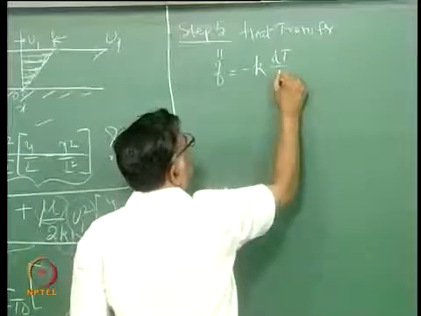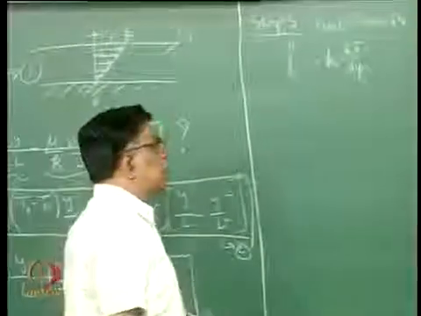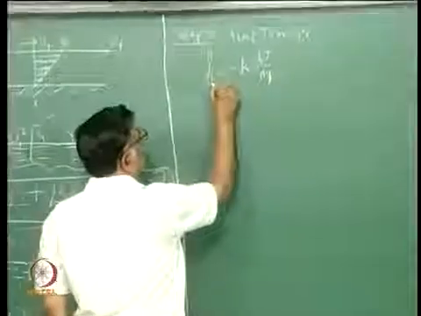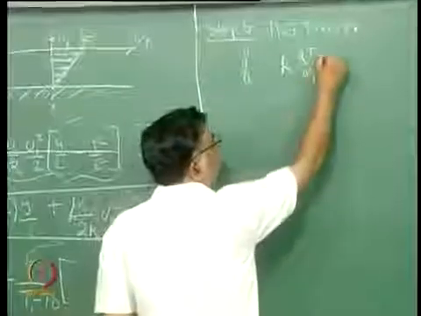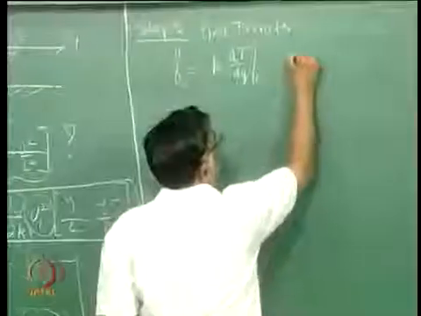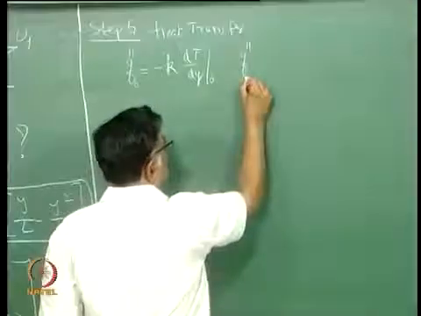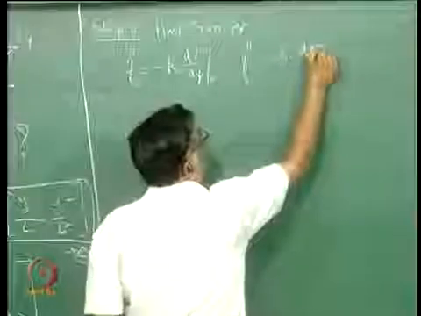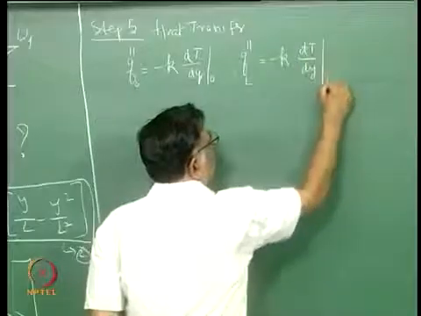I can easily write dT by dy, not necessarily del T by del y. This is a general expression. If I put Q0 here, this is the wall, so I have to put dT by dy at y equal to 0, and the flux at the top plate is minus K dT by dy at y equal to L.